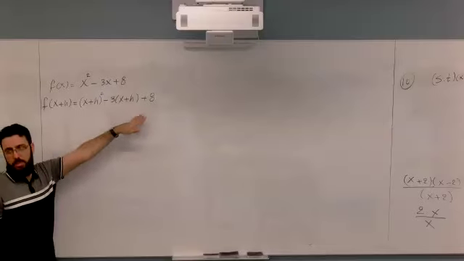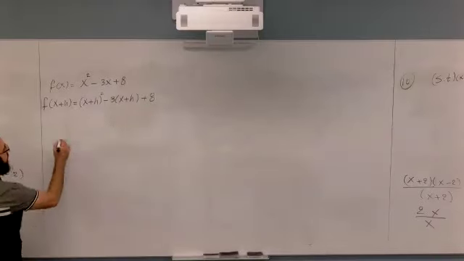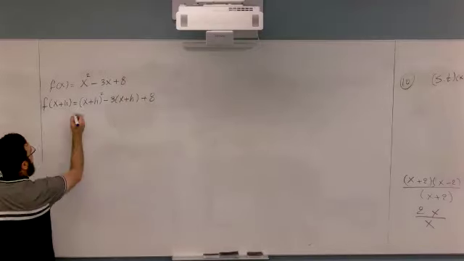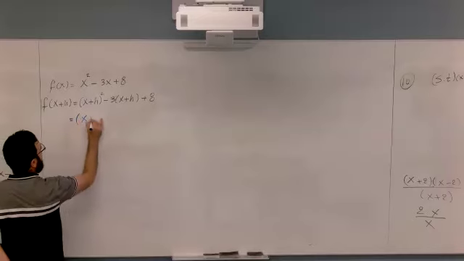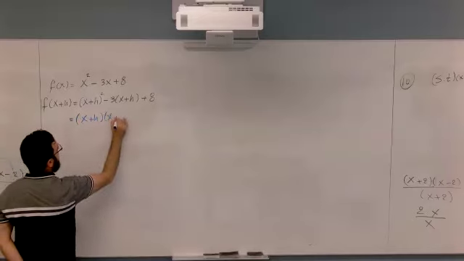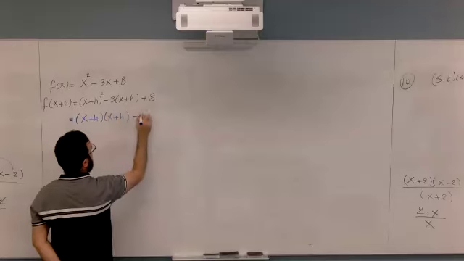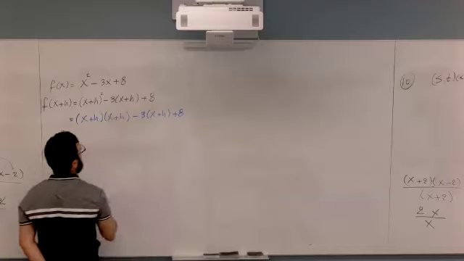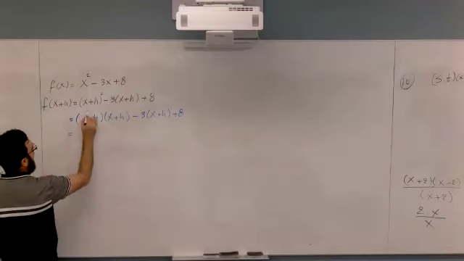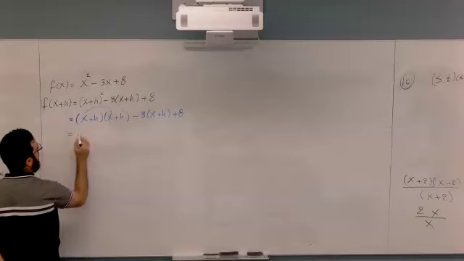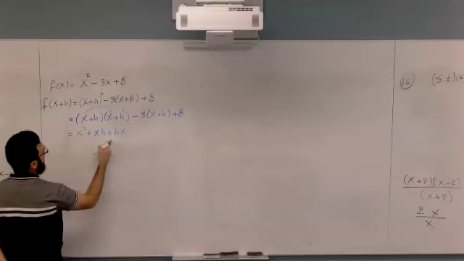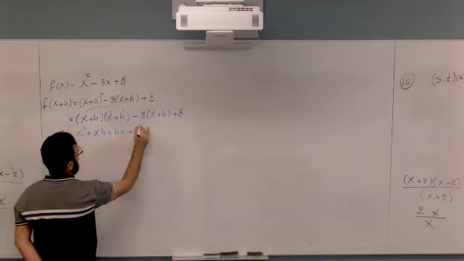FOIL, distribute, and add the 8. So I'm going to say this is equal to x plus h times x plus h, minus 3 times x plus h, and here's a plus 8. FOIL here, x times x plus the same thing, plus h squared.